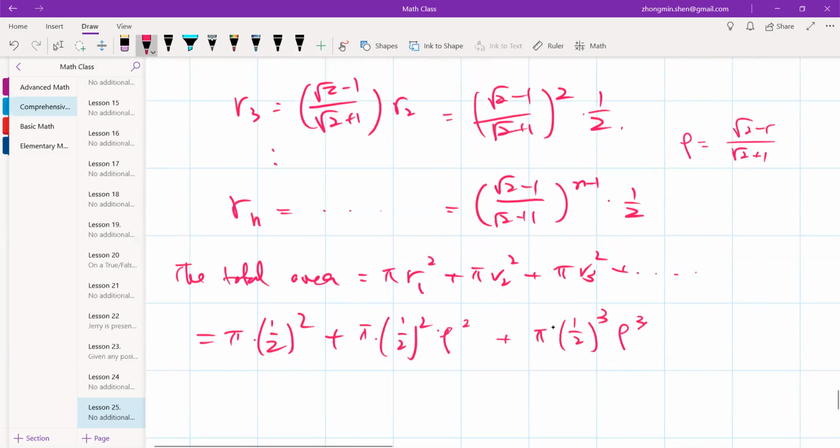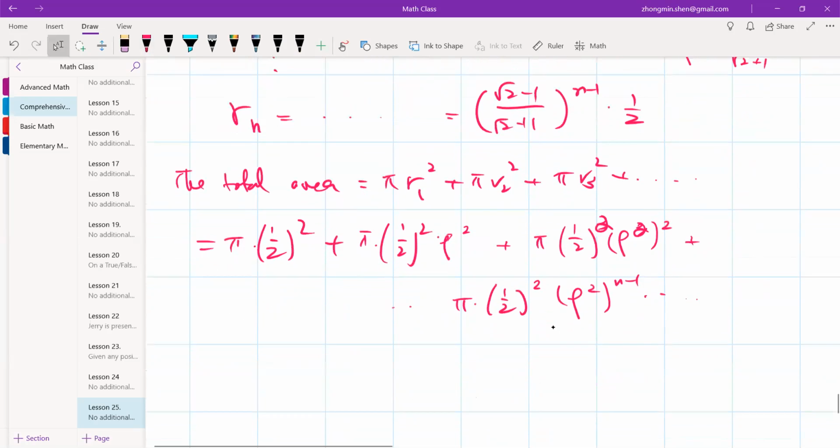Wait a minute, it's cube. Yeah, this is the same fact, it's a square. So R_3, this is a square, right? So just square. So cube squared, that's going to be rho to the 6th. Then the nth term will be rho squared to the n minus 1.